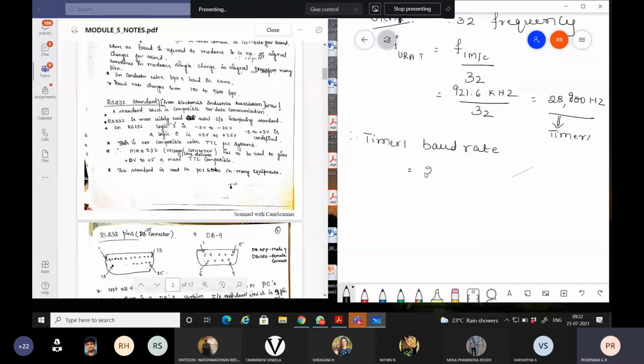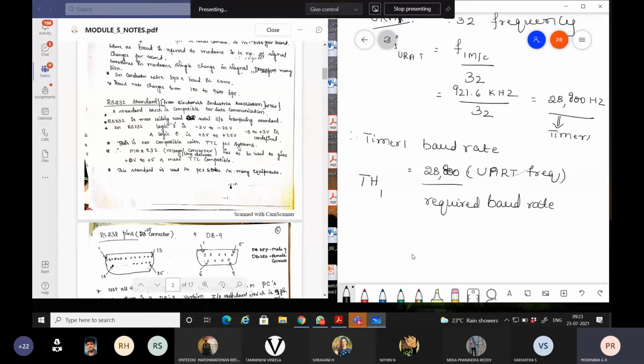28,800 is the actual hertz, meaning the number of bits per second transmitted. The UART frequency divided by the required baud rate will give you the value that needs to be loaded onto TH1.